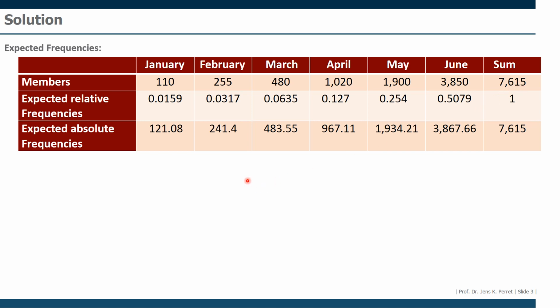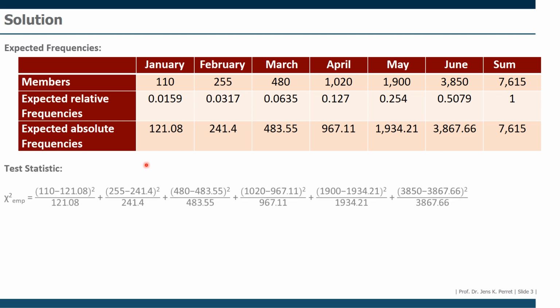So that's more or less all the preparatory work we have to do, because then we can start with the real chi-square test, as in first calculating the chi-square statistic, the test statistic, by simply applying the chi-square formula to each of the 6 different months.